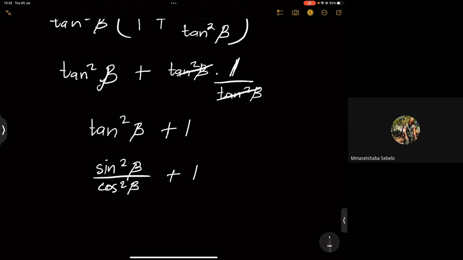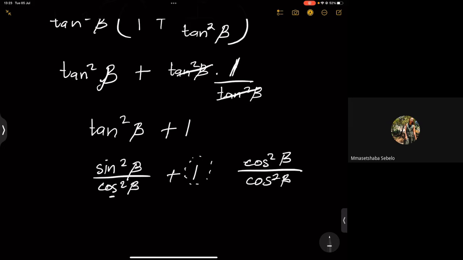But exactly what we did in the previous one, we said, look, I've got a 1 there. How can I write it in such a way that it has a denominator of cos squared of beta? So this would be cos squared of beta divided by cos squared of beta, right?